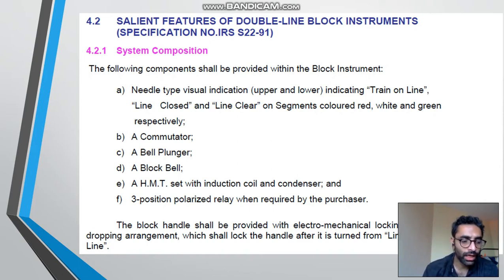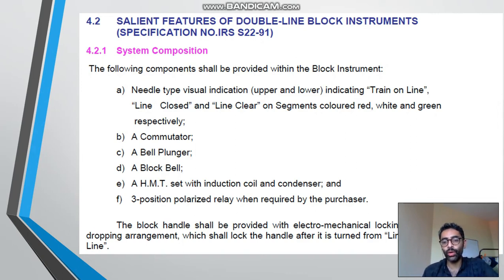Alright, you need a commutator as well, a bell plunger to exchange the relevant bell codes, a block bell, and an HMT set with induction coil and condenser, right? And the last one we have already talked about, it's a 3 position polarized relay when required by the purchaser. So these are the important requirements for a double line block instrument.